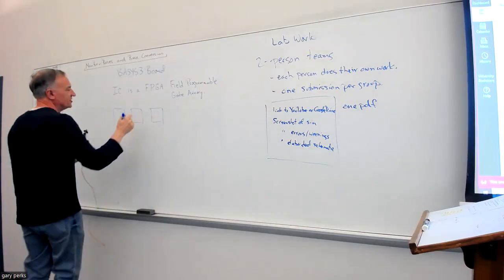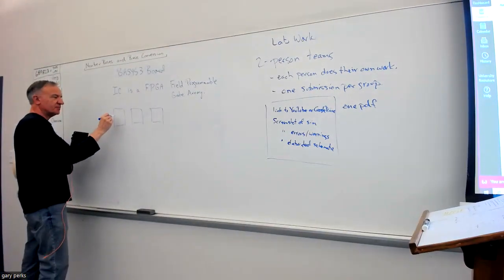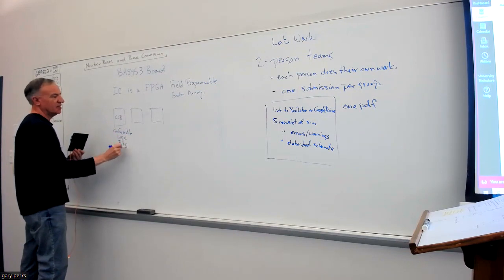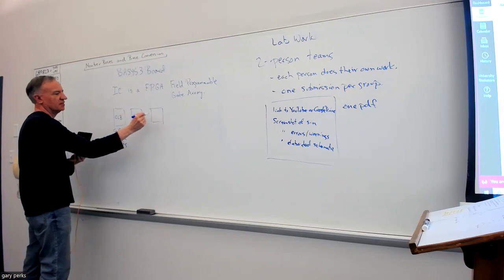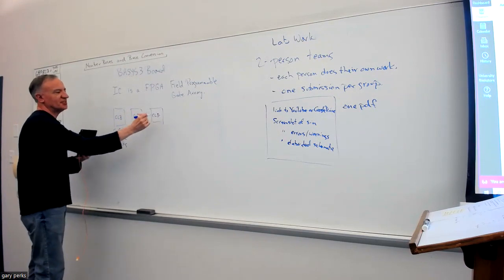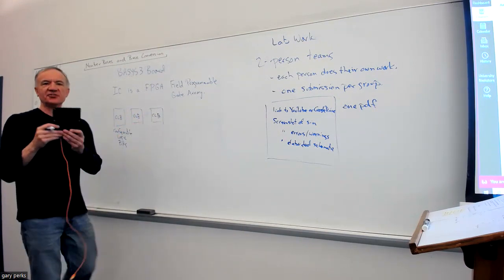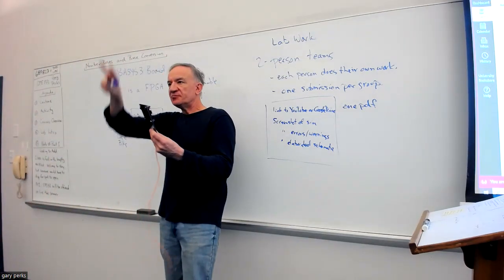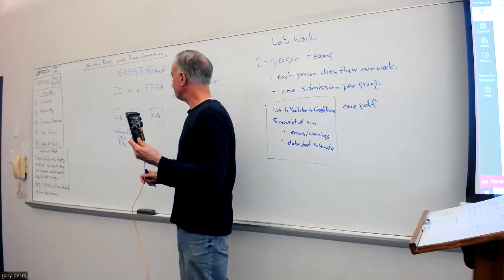And these different logic circuits are called CLBs, configurable logic blocks. There's a bunch of them inside this FPGA. So just think of these CLBs as various logic circuitry.